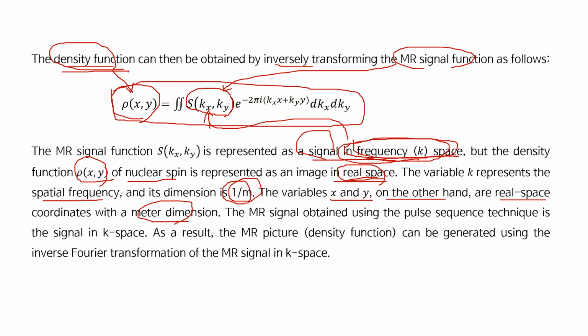The MR signal obtained using the pulse sequence technique is the signal in K space. As a result, the MR picture, MR image, can be generated using inverse Fourier transform of the MR signal in K space.